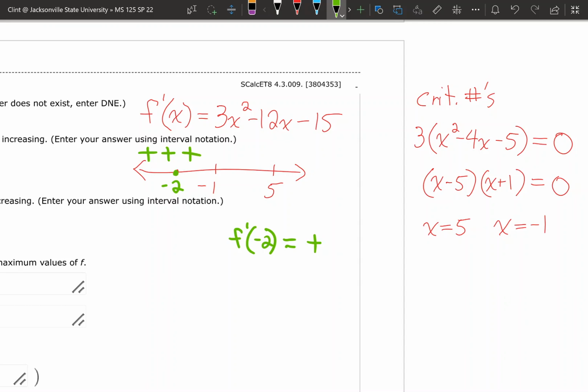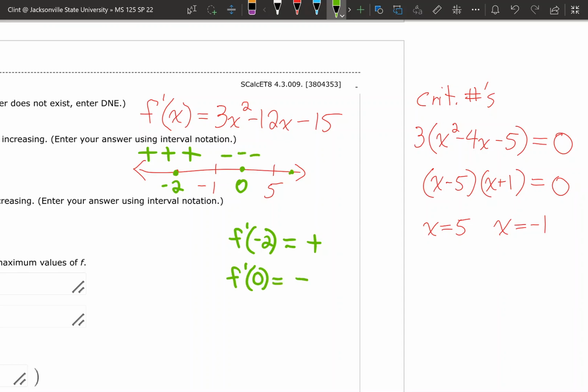We need something between -1 and 5. 0 is a nice easy one. On that one it's even easier to look back at the original. If we plug in 0, we get -15. So f prime of 0 will be negative.